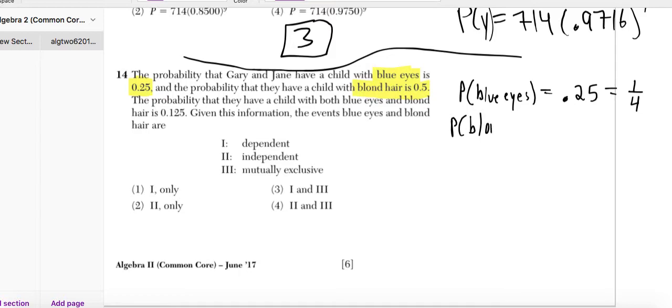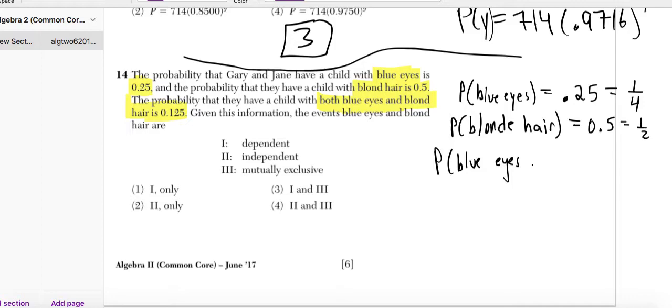I was going to use B, but then they're both B, blue and blonde. Blonde hair is 0.5, which is 50% or 1/2. The probability that they have a child with both blue eyes and blonde hair is 0.125. I believe that's 1/8, and I'll confirm in the calculator.